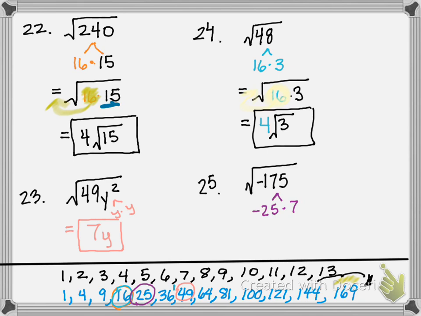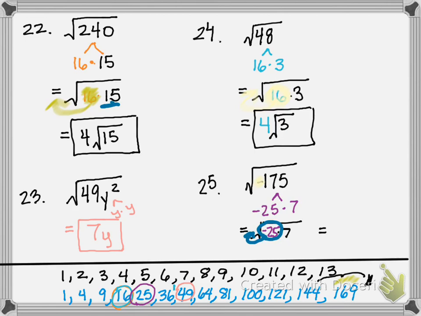So we can break that down inside our square root. We will have the square root of negative 25 times 7. But that negative 25 is going to come out. And what we also need to remember is that it is negative. See this negative here from the get-go.